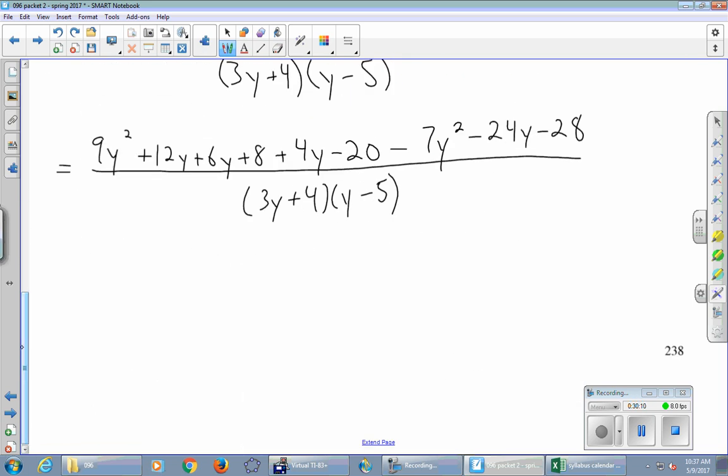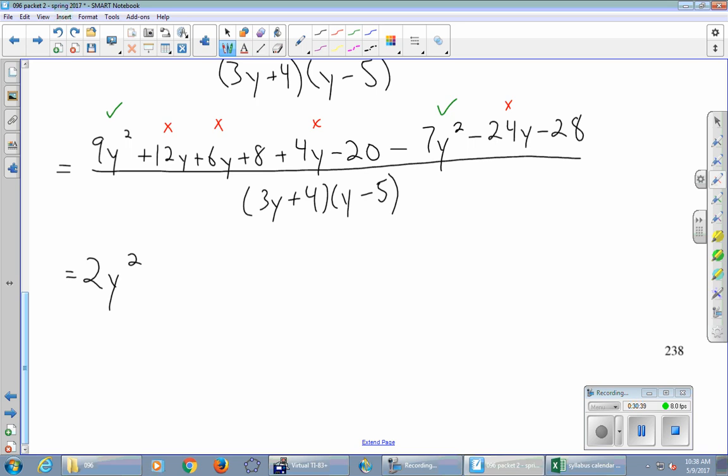Okay, so now it's just careful combining of like terms. Looking for y squareds first. How many? 2y squareds. Some folks like to put check marks or something to help them keep track of all the like terms. That's fine if that works for you. Now we're looking for all the y terms. There's a 12y, there's a 6y, there's a 4y, and there's a minus 24y. Just got to keep track.